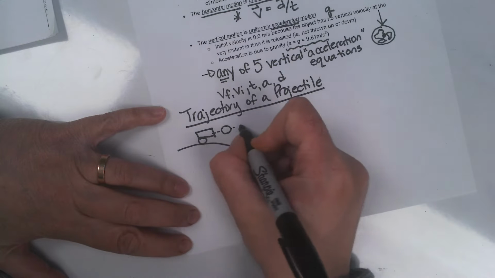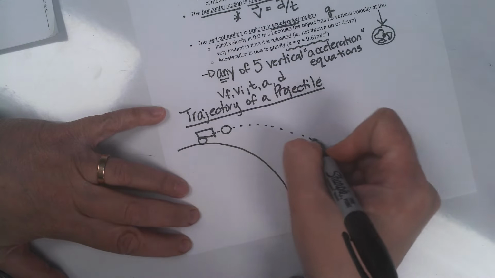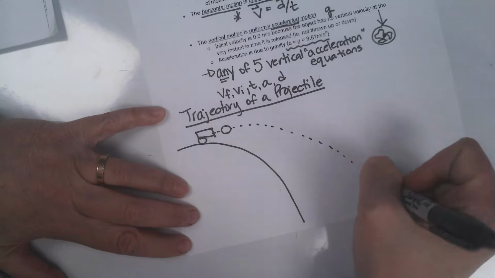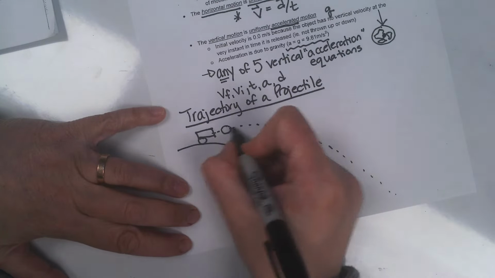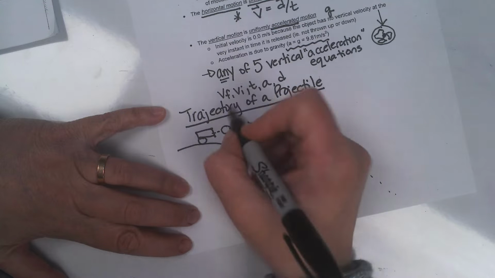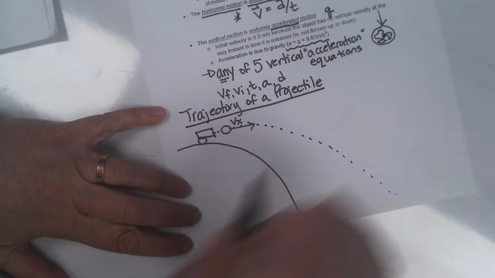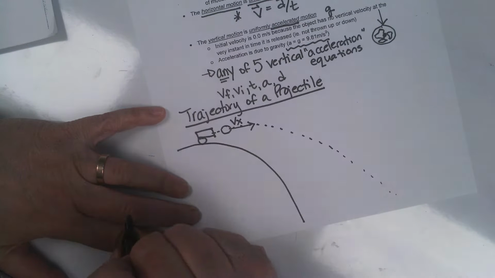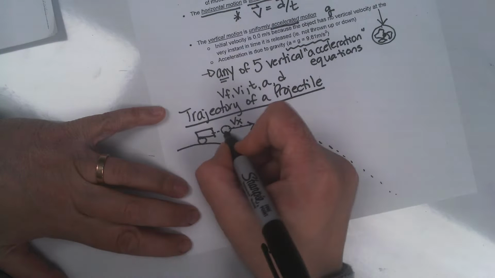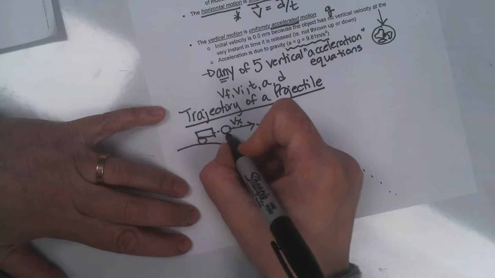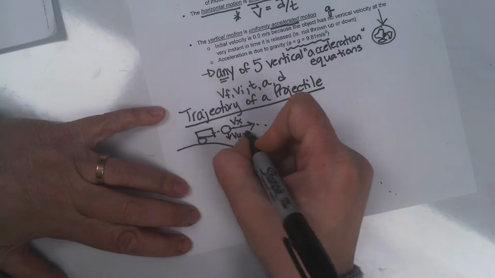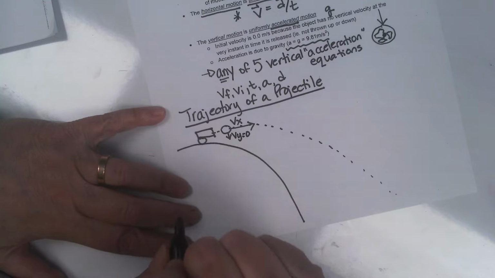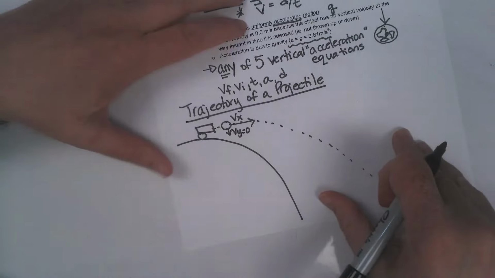What we see is eventually that's going to happen. It can't stay in this direction for long. So it has an x velocity, but in this particular moment of initial firing, Vy is going to be equal to 0. There is no vertical movement.